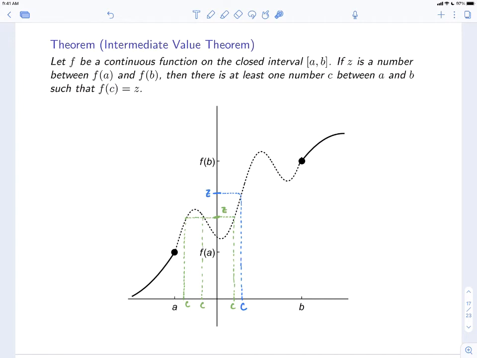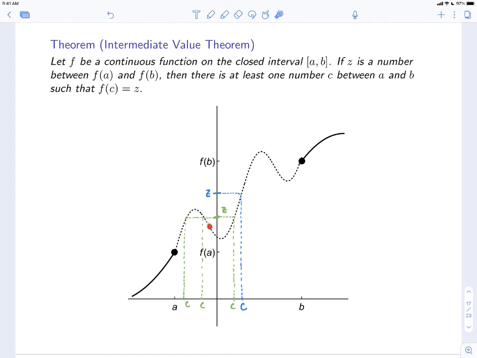What that means is that if the function is continuous, the different pieces of the graph must connect to one another. So I have a piece of this graph to the left of a, and I have another piece to the right of a. And if the function is continuous on the closed interval from a to b, then that means that the graphs must connect in some way.